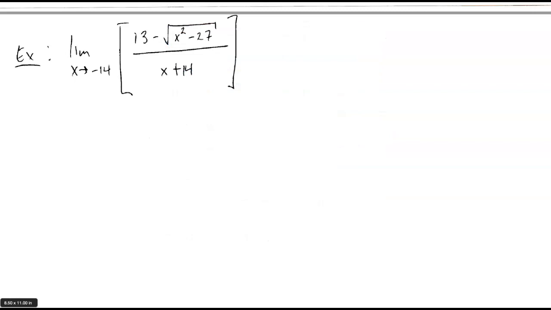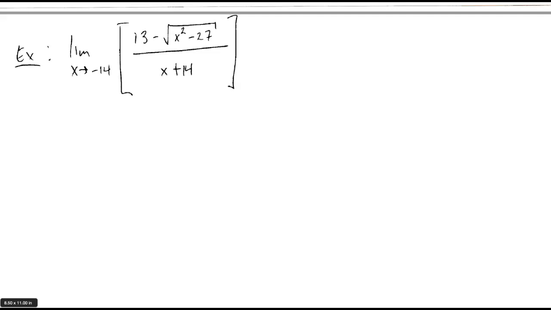For our next example, we're asked to take the limit as x approaches -14 from both the left and the right of this particular function. Note that this function has a term with a square root sign in it.